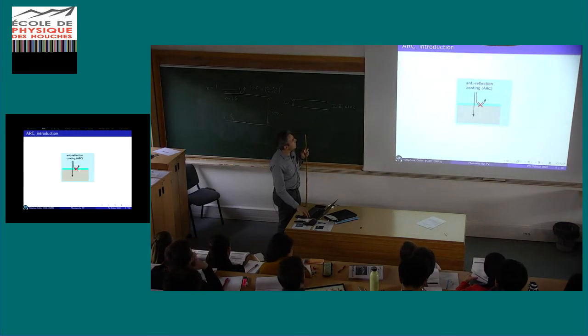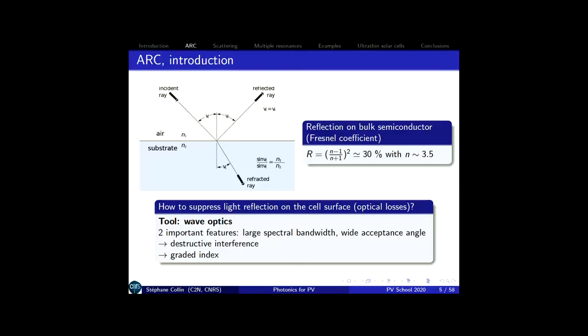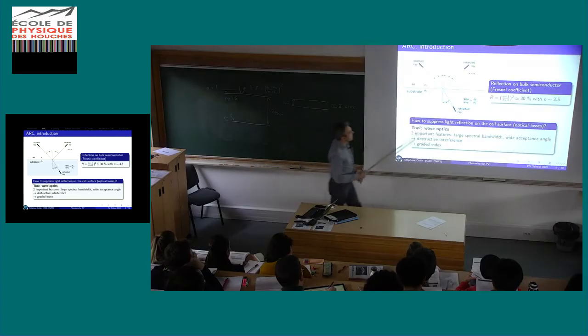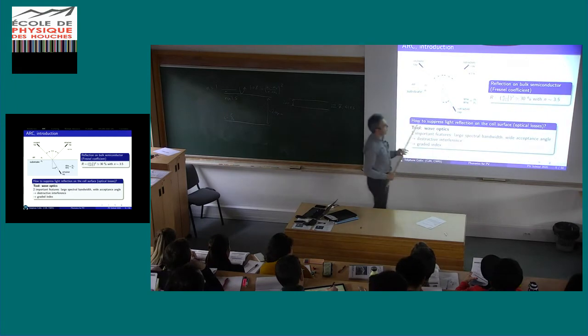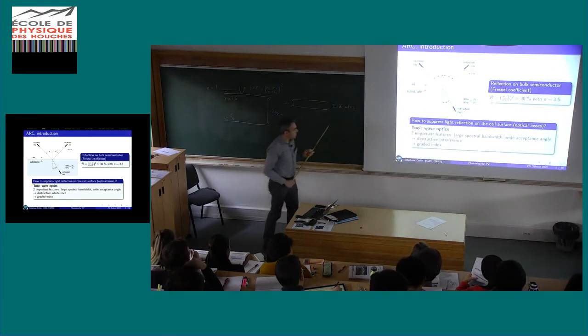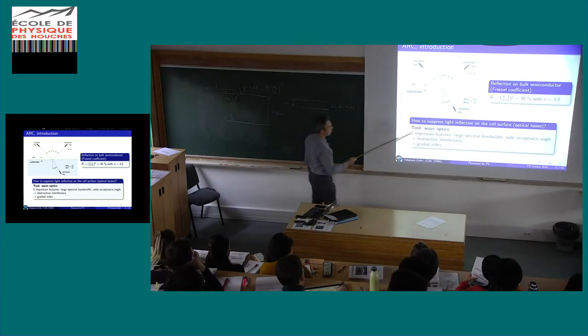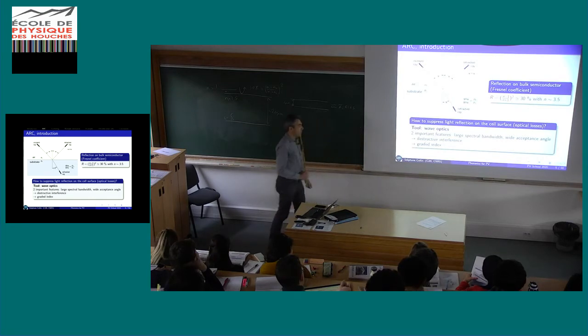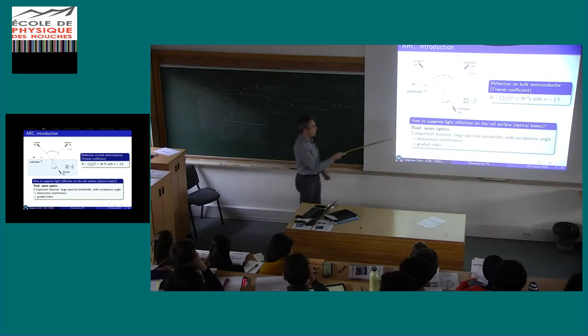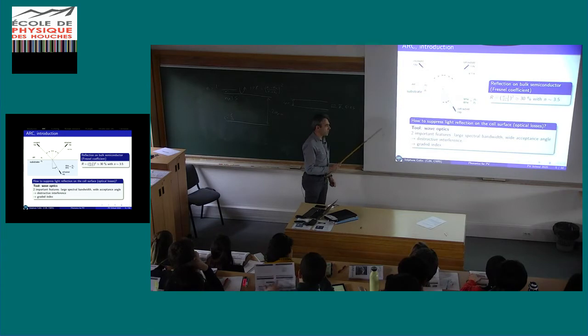So our first task is to have an efficient anti-reflection coating to suppress light reflection at this interface. So we already said that, the 30% reflection. So what we will use is wave optics. I already said the two important features: large spectral bandwidth, wide acceptance angle.